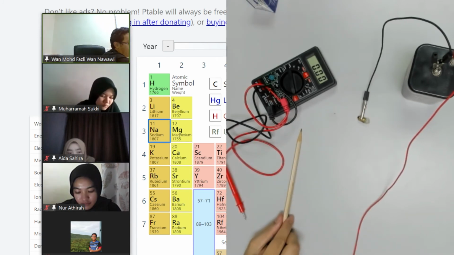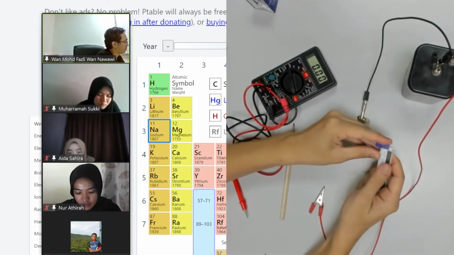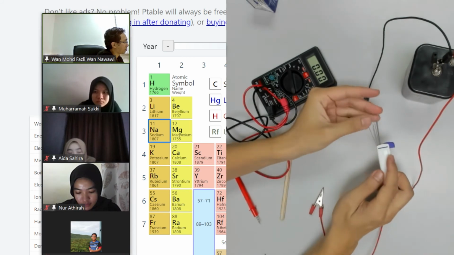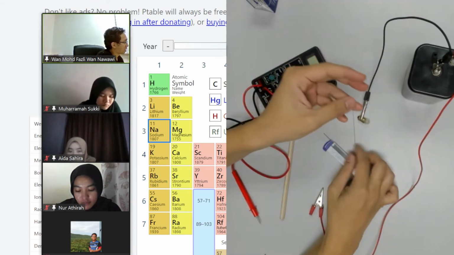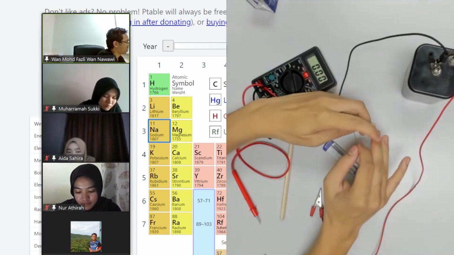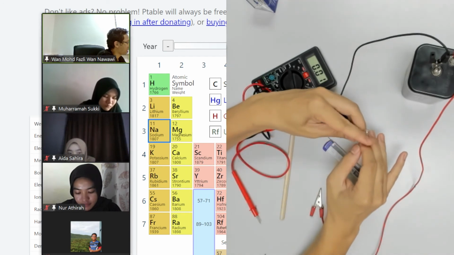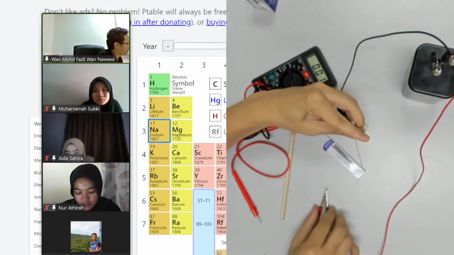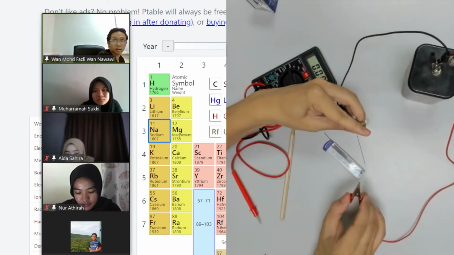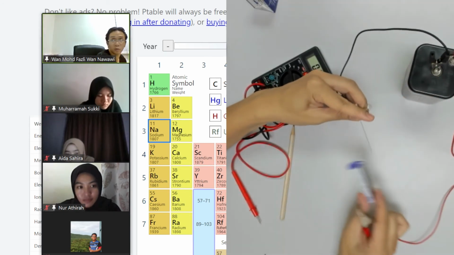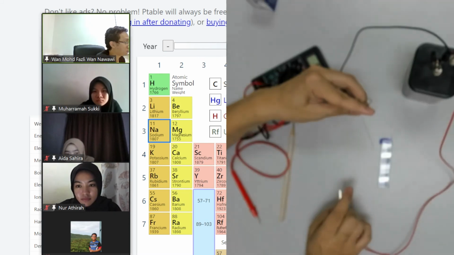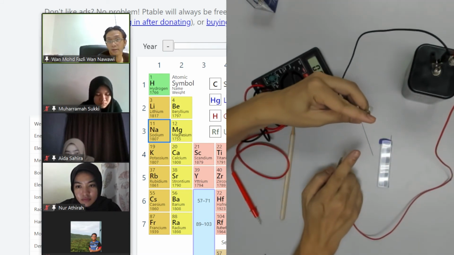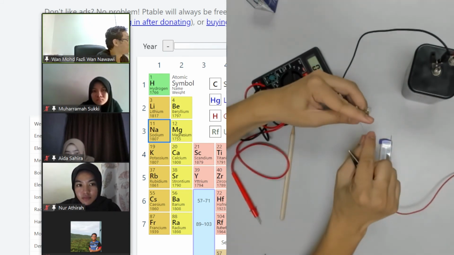So for example, if let's say I have this carbon lead. It's so small. You can see that this is a pencil lead, from a 2B. That is graphite, carbon, pure carbon.